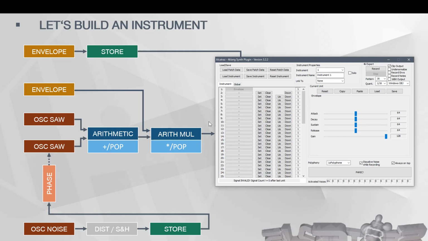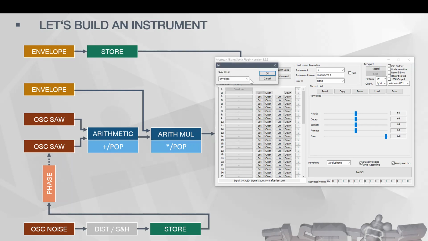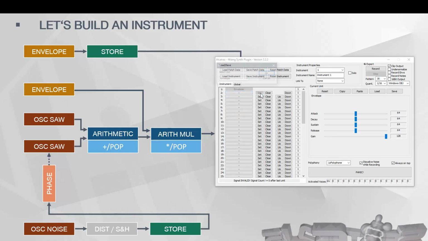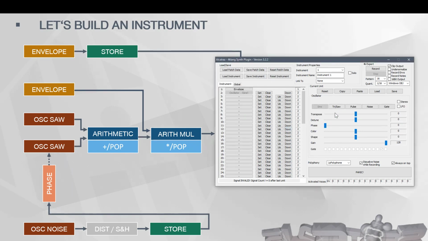We're going to create a sawtooth oscillator, and maybe somebody doesn't know: you click on set, you select the unit, oscillator, and here we're gonna make it a tri-saw, and to make it a real saw, we're gonna push the color slider all the way up.